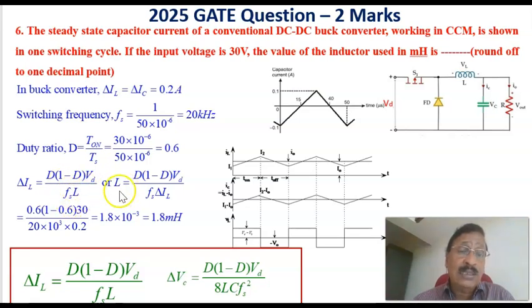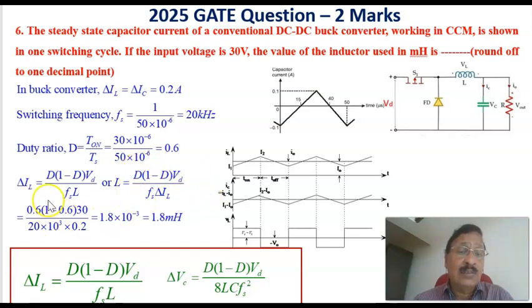Or from this equation, we can find the inductance, which is given by D into 1 minus D into Vd, the input voltage, divided by the switching frequency Fs into delta IL. D we already calculated as 0.6, the input voltage is 30 volts, that is given, the switching frequency is 20 kilohertz, and delta IL is the same as delta IC, which is 0.2 amperes.